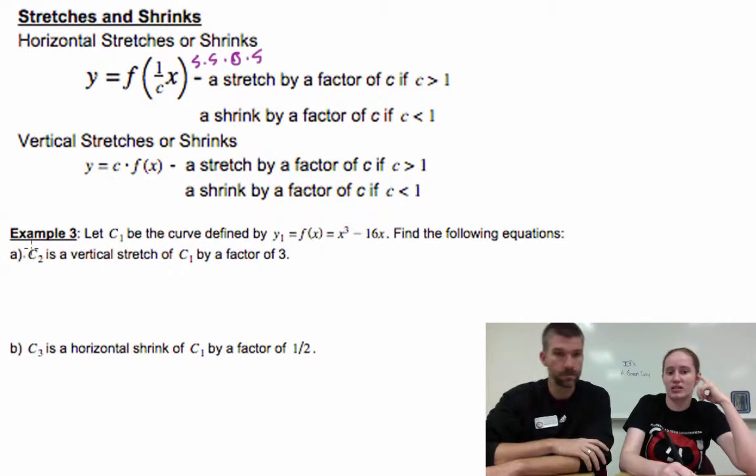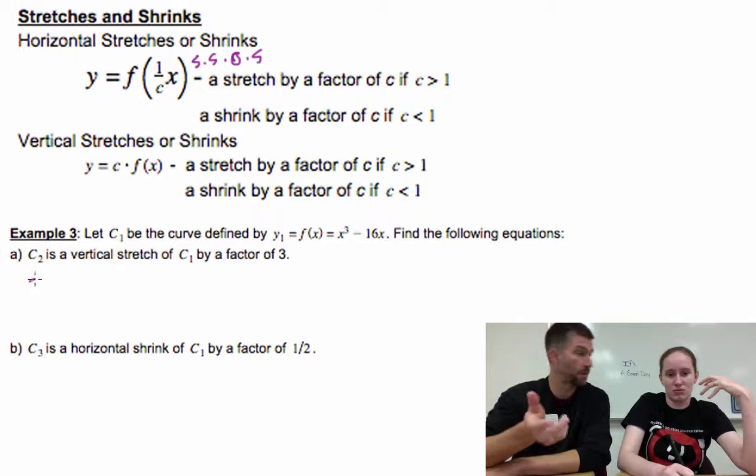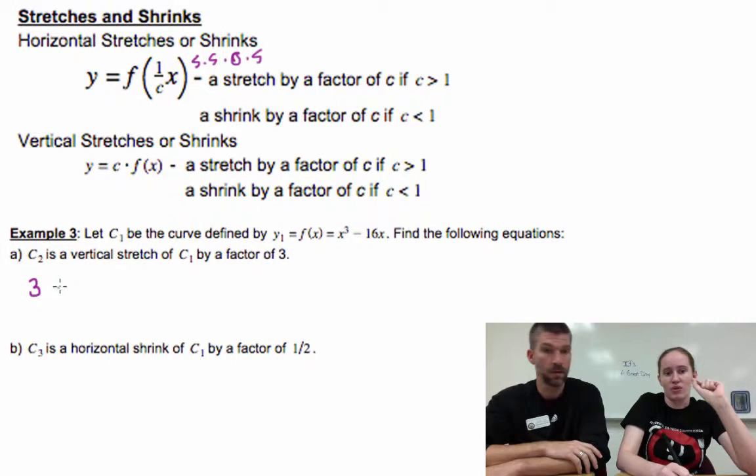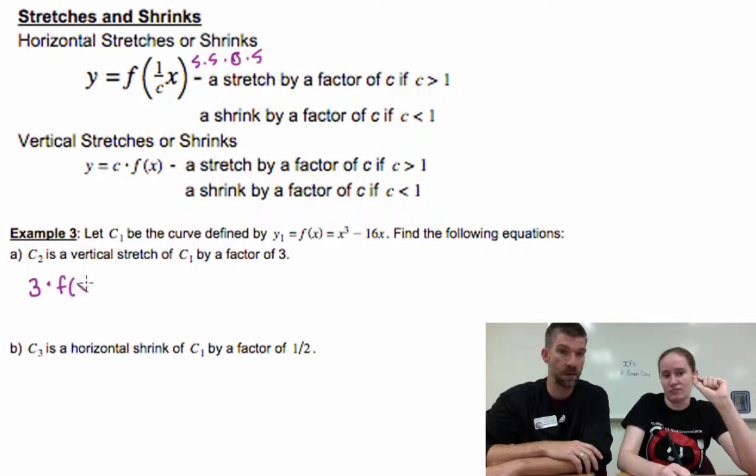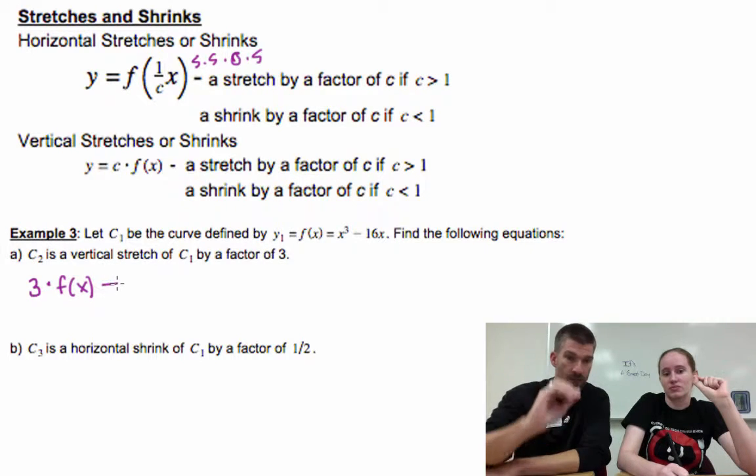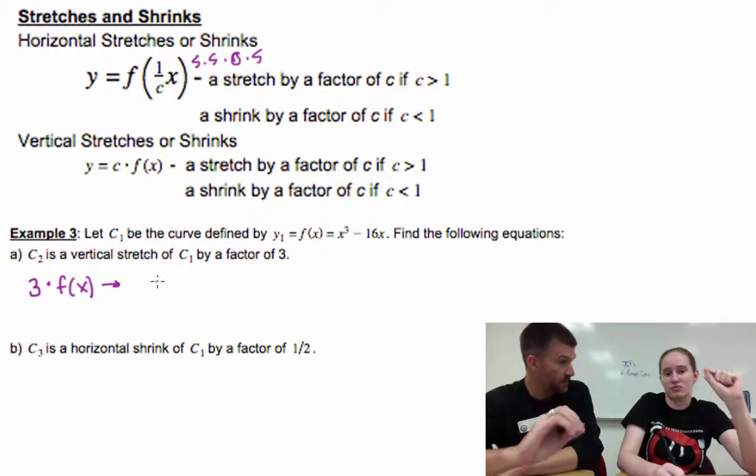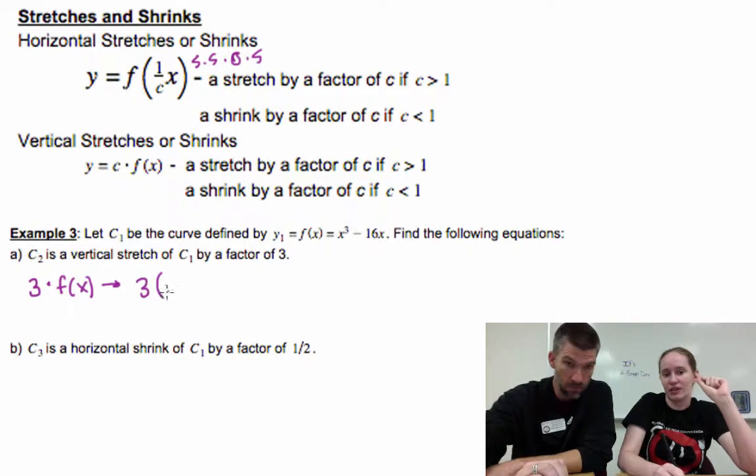Find the following equations. C2 is a vertical stretch of C1 by a factor of 3. So we're going to look at the vertical stretch. We're doing 3 times our f function of x. That means 3 times everything that f of x equals.